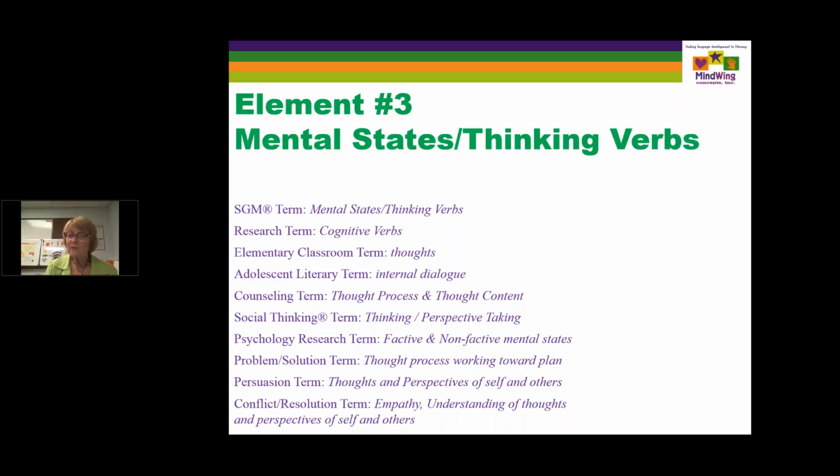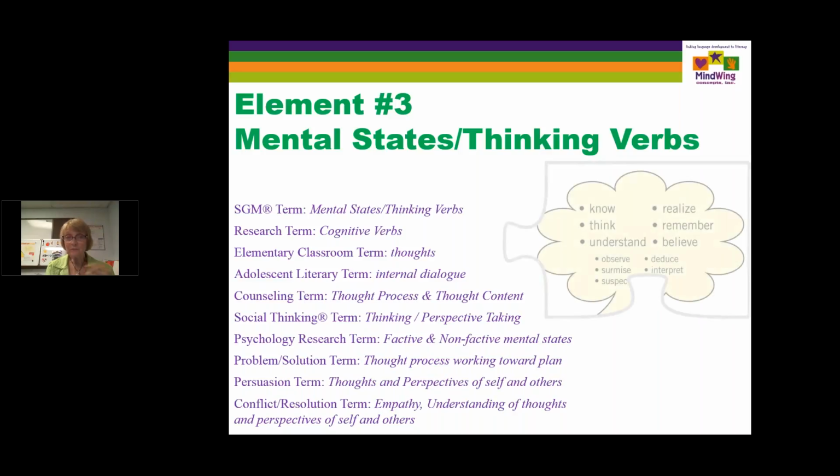They are academic vocabulary, as I said. The research term is cognitive verbs, since cognitive means thinking. Internal dialogue, perspective taking, factive and non-factive mental states. All of the disciplines have words for them, but what we're teaching today is mental states, thinking verbs.